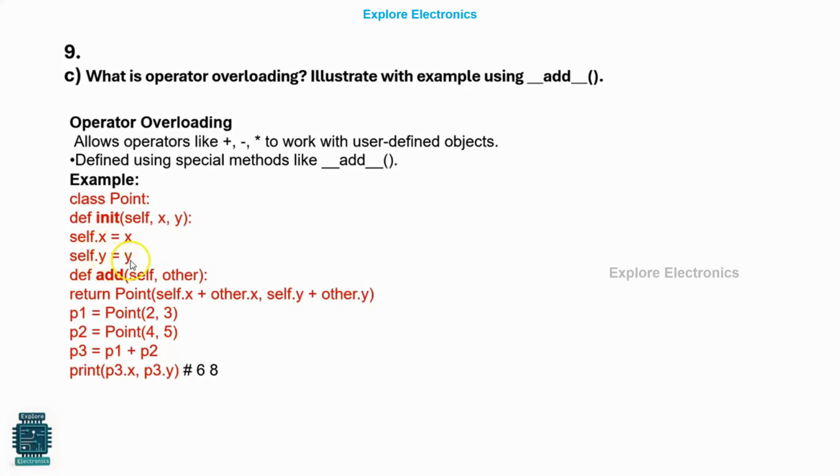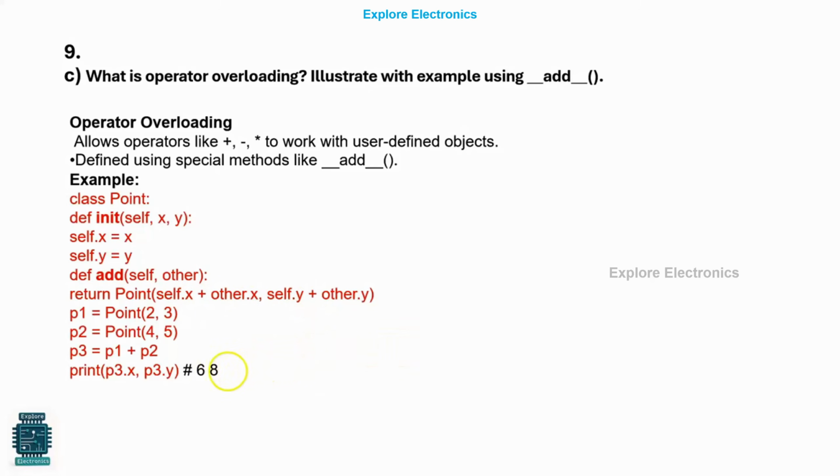Again self.y is equal to y. It assigns the passed y value to the instance's y attribute. Define __add__, self and other. Here it defines a method to add two Point objects together. Here return Point(self.x plus other.x, self.y plus other.y).